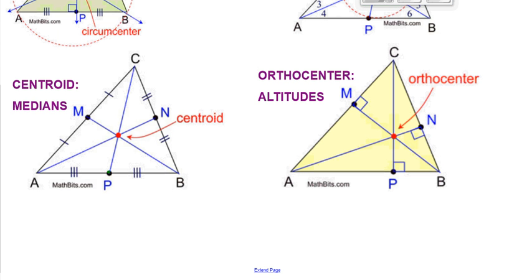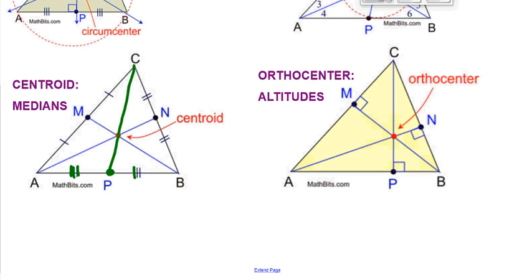So the perpendicular bisector would be this guy, going at a perpendicular angle and then bisecting the line segment. The difference between the circumcenter and the centroid is that the centroid is created by the medians. So the median is the line drawn from the angle vertex down to the midpoint of the other side.